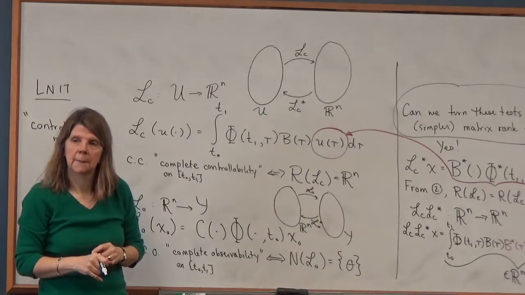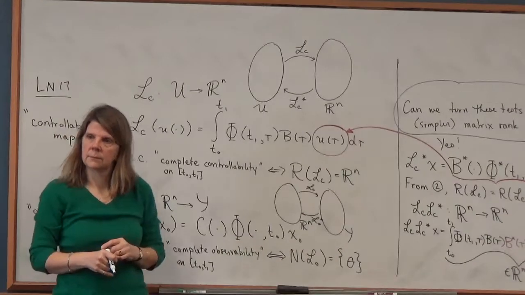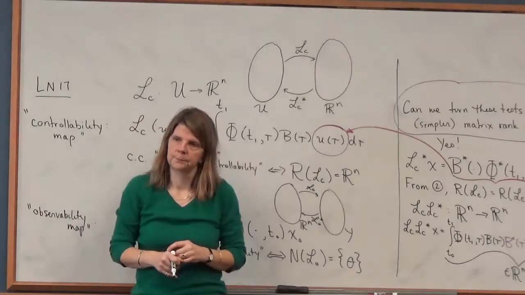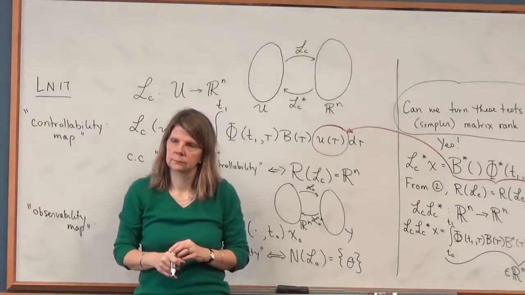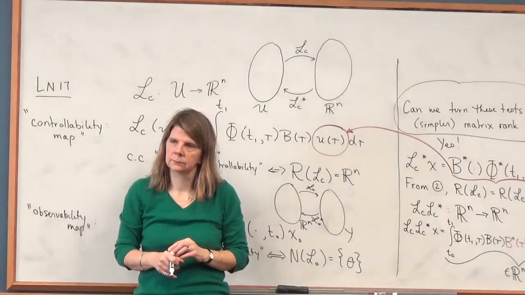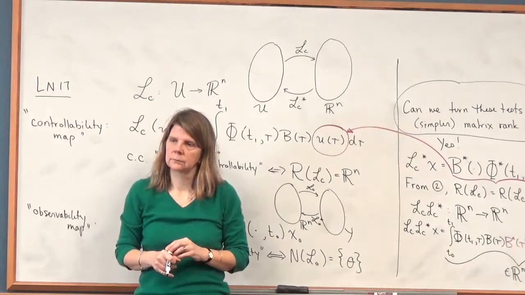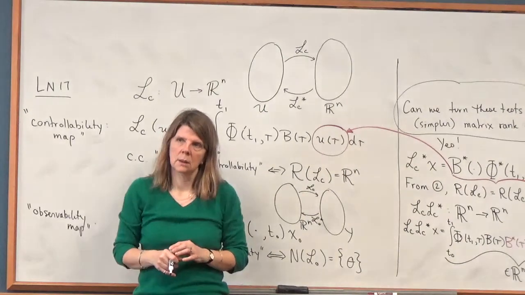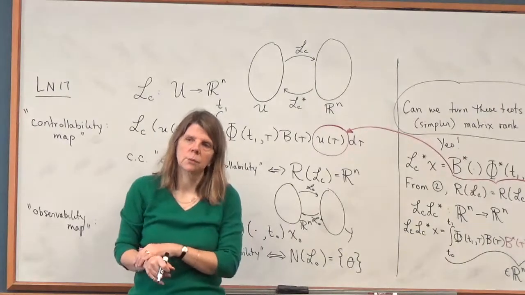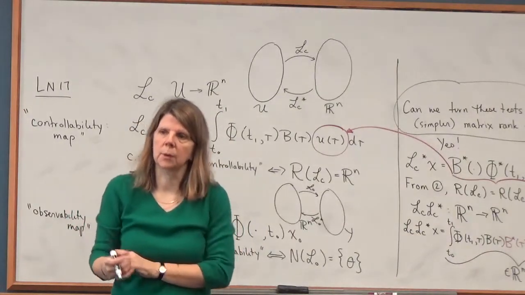Because BIBO stable means that for any bounded input, you'll get a bounded output. So if you bound your input, which you do if you put some constraint on the size of it, then your output is bounded, so it can't reach any arbitrary number in Rn. That's true, but what are you saying should not be true for a BIBO stable system?